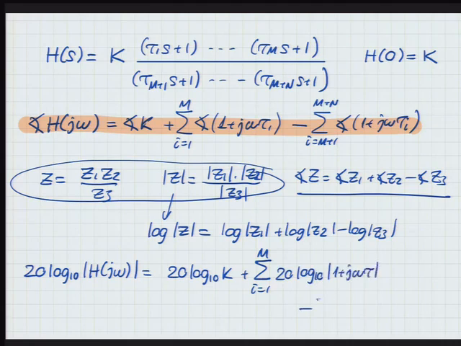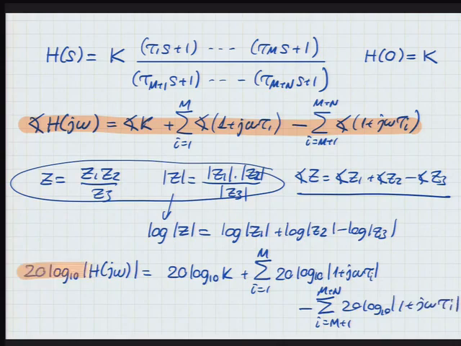And then the contribution of the poles is to basically subtract similar terms, for i from m plus 1 to m plus n, 20 log10 of 1 plus j omega tau i. All right, so we have all the expressions we need. The expressions may look ugly, but they say something very simple. To make a Bode plot for a transfer function with poles and zeros, just make individual plots, add them up.